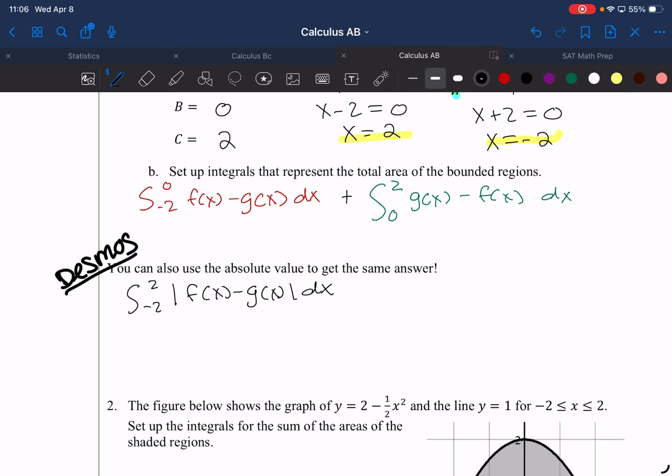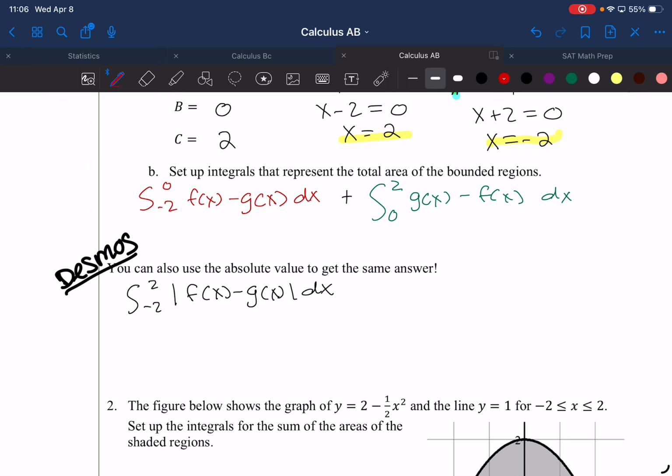When you do this, notice I did mention that if we had the integral from -2 to 2, the areas could represent 0 because it would cancel out. But since this is the absolute value, it's looking at the absolute value of each of the areas, so really there are no negative areas here.